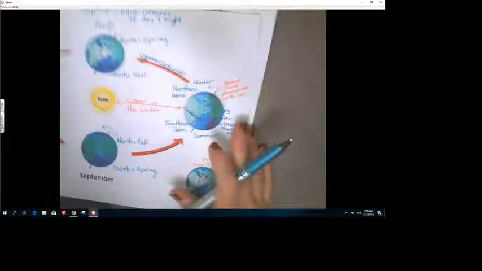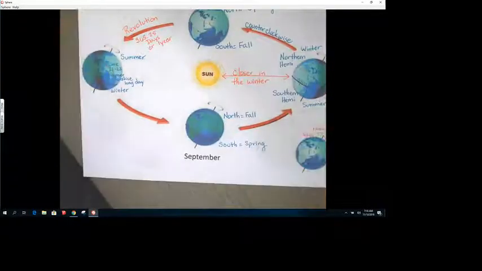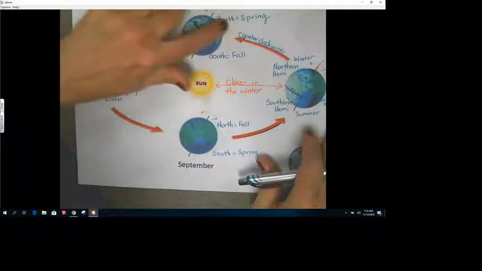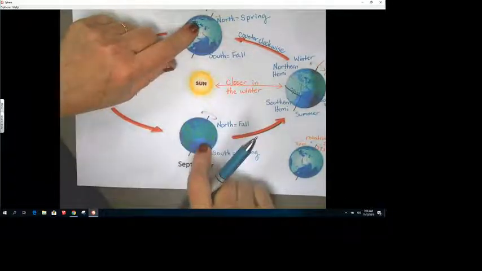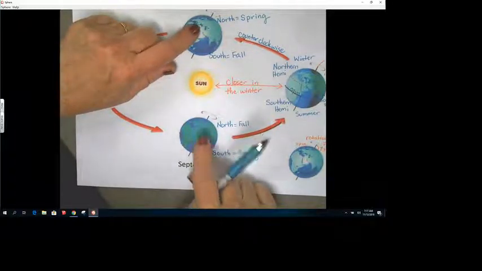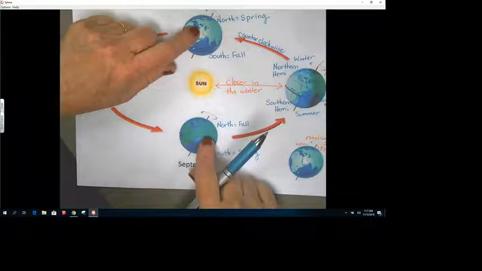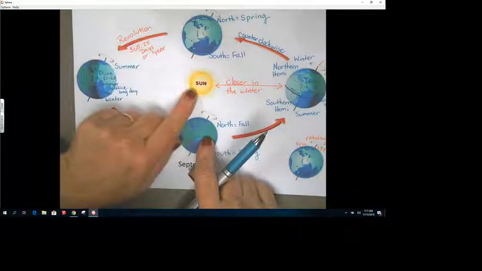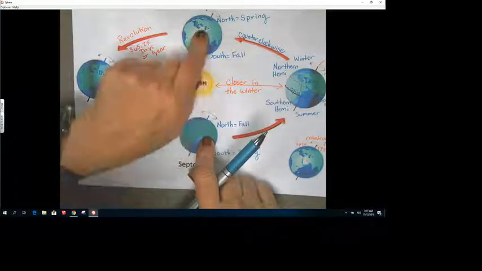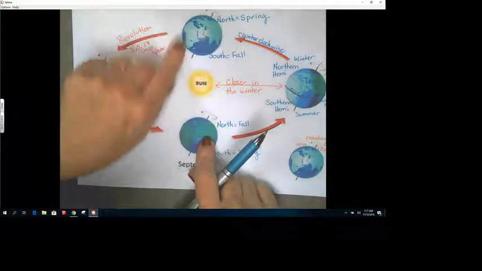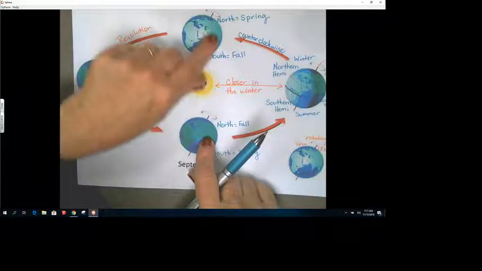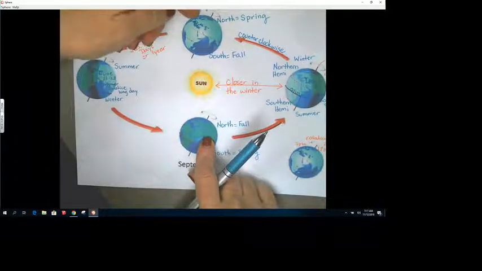One of the things to note, let me go back to this big picture, because you'll see it sometimes in the pictures. Just because this one is lighter and this one is darker does not mean that they are getting different amounts of sunlight. They're getting the same amount. What you have to know is that from here to here, if I'm down here and looking this way, that means that this whole side is getting lit by the sun, but on the back it's going to be darker.